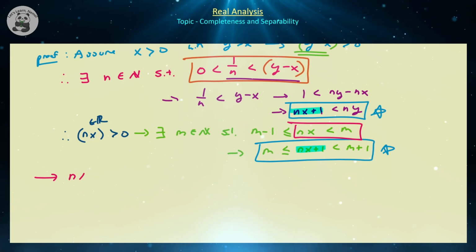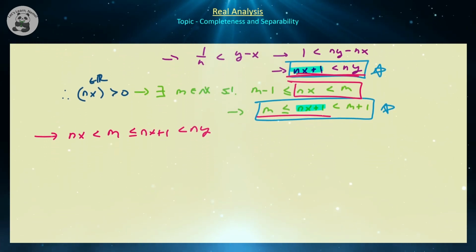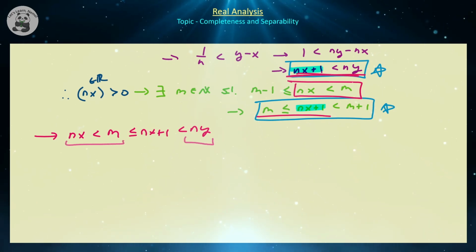So we have that nx is less than m, and m is less than or equal to nx plus 1. And we also have that nx plus 1 is less than ny. So we have this compound inequality. And the only things that I really want to focus on are these two and that one there. In particular, nx is less than m, and that's less than ny.